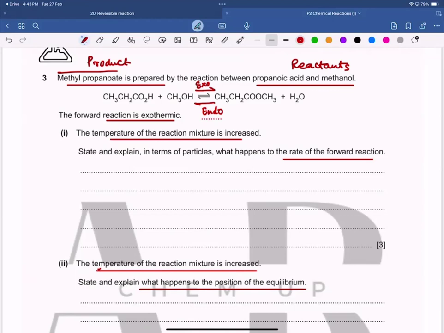See, and here they have stated that the forward reaction is exothermic. If the forward reaction is exothermic, which clearly means that the backward reaction would be endothermic. And we know when we increase the temperature, equilibrium shifts towards endothermic side.